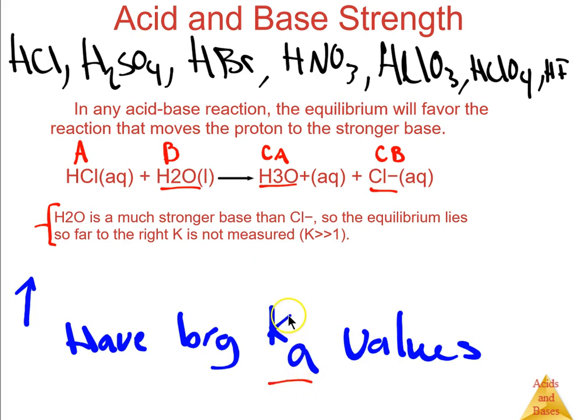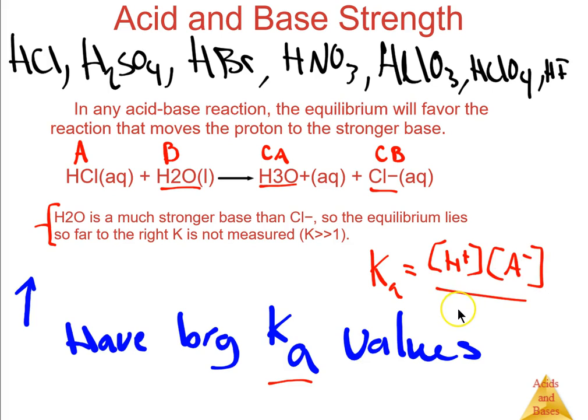Ka is the equilibrium expression for an acid. It's pretty much always the same. Ka will be equal to H plus times your anion, which is written as A minus, over your acid, which is HA. All right? That's the general statement for Ka.